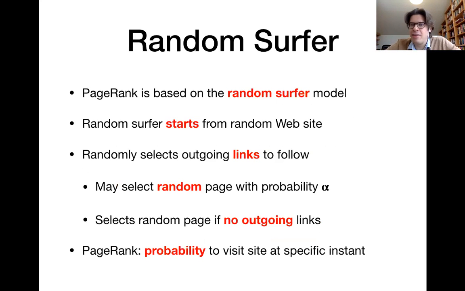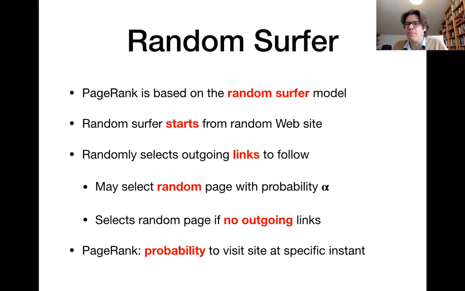If the surfer ends up in a dead end, meaning a website which has no outgoing links, then it selects a site to jump to randomly among all sites on the entire web. Optionally, as an extension, we can also allow the random surfer to not follow outgoing links, even if there are some, but instead with a certain probability alpha to select again some random page on the entire web.